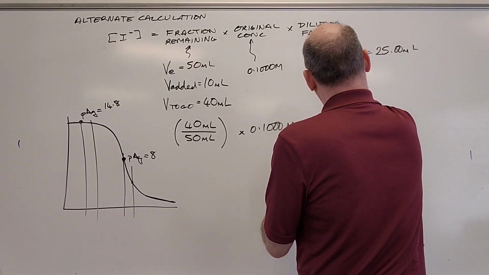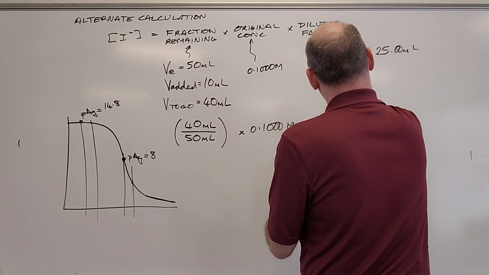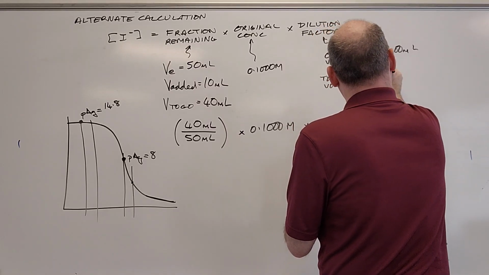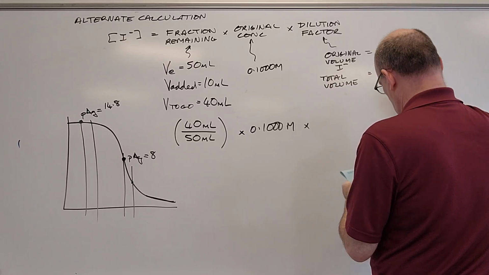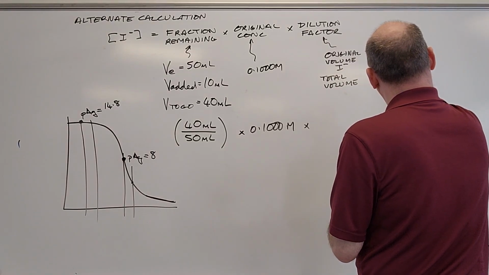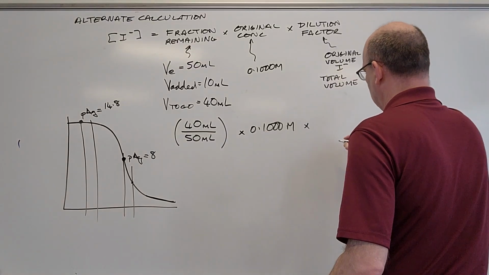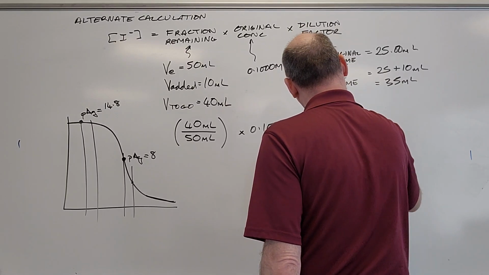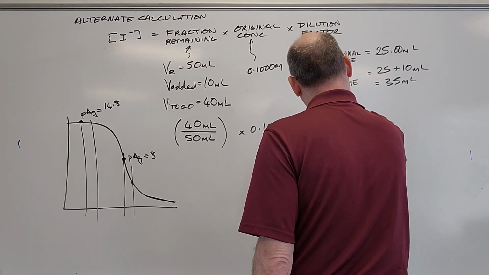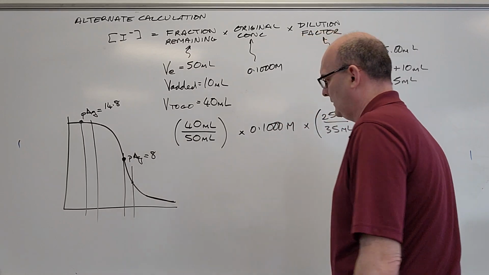Your total volume is 25 plus the 10, which is 35 milliliters. So your dilution factor here is 25 milliliters divided by 35 milliliters.